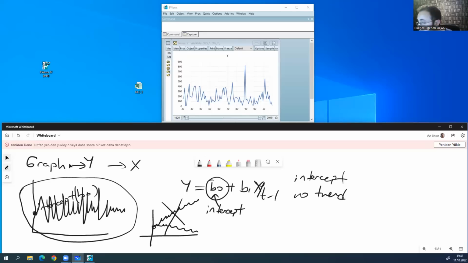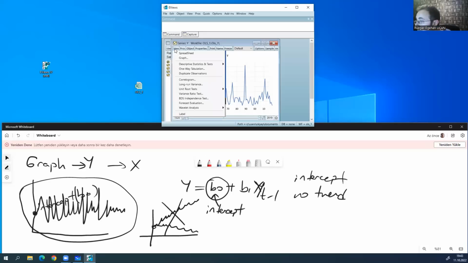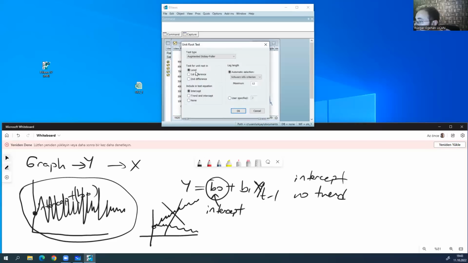So again, click view and choose standard unit root test. And first of all, we are going to look at the level, and we find that we have only intercept, no trend. So we don't choose trend and intercept or none. If we have no intercept and no trend, we have to choose none.